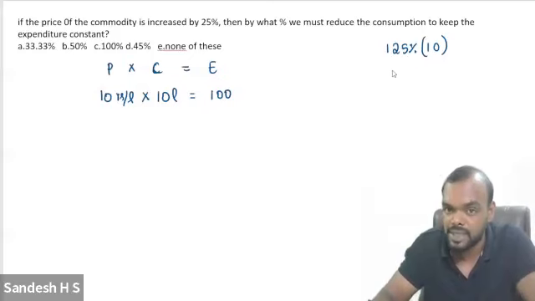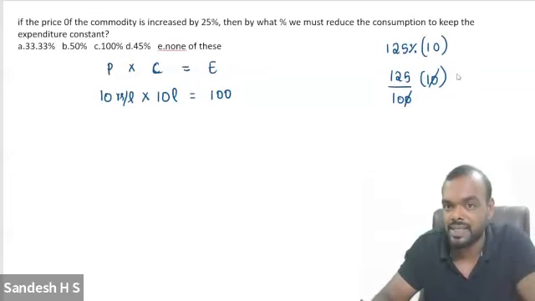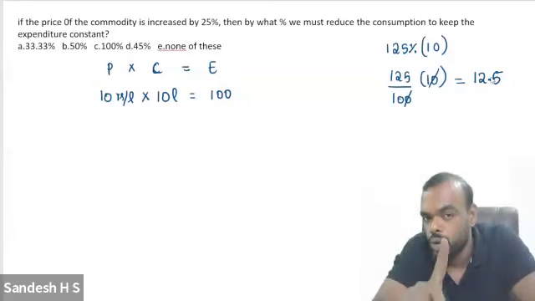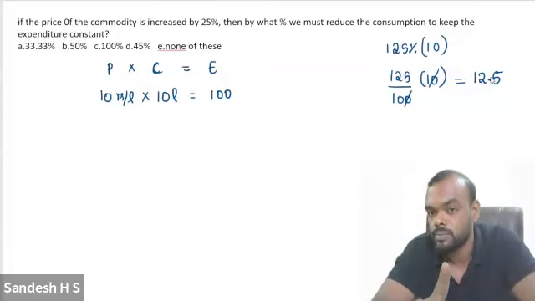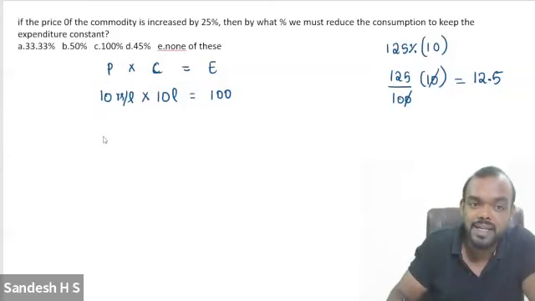This is the new price. 125% means 125 by 100 of 10. 0, 0 cancel. 125 by 10 is 12.5. Guys, do not write. That's why don't write while I'm explaining, you will miss the explanation. So the new price is 12.5.